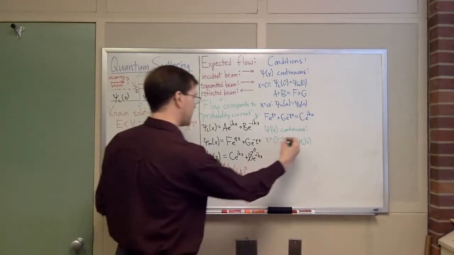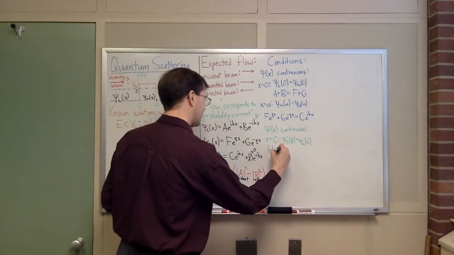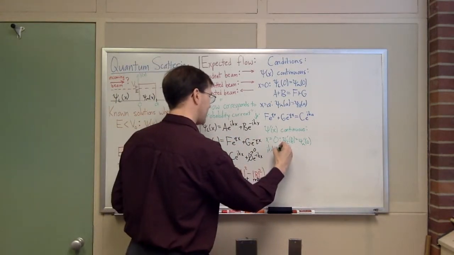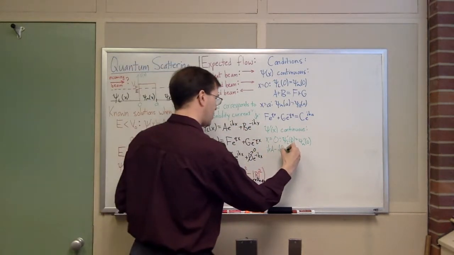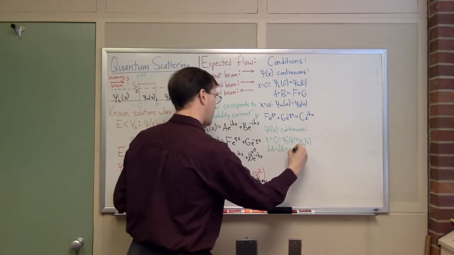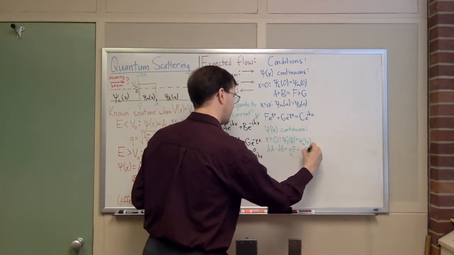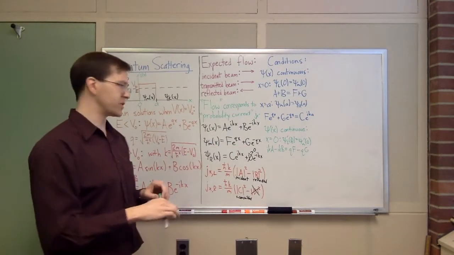And so this one tells me that ika times e to the 0 minus ikb times e to the 0 equals qf times e to the 0 minus qg times e to the 0. So I've got that equation at x equals 0.